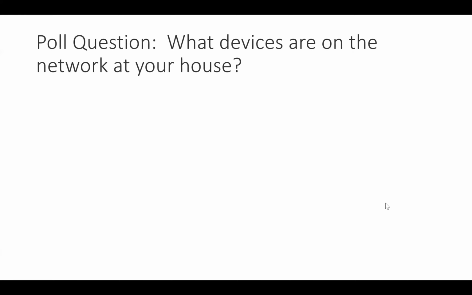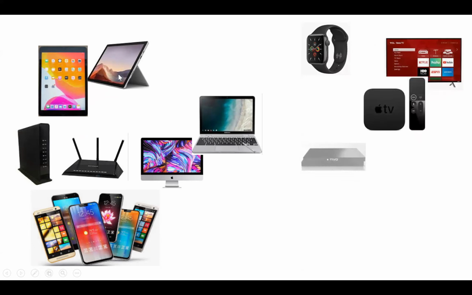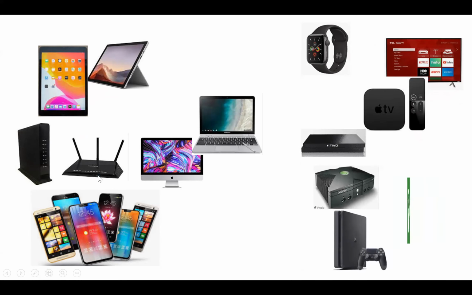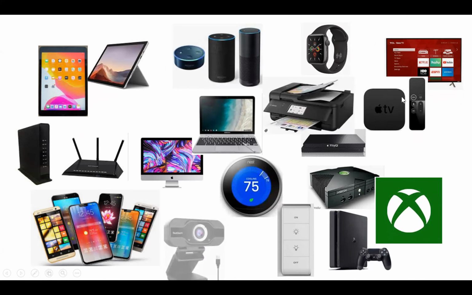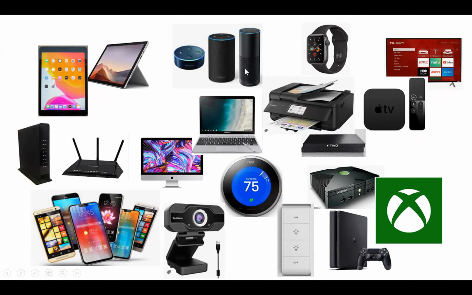So what devices are on the network at your house? So you've got your laptop, your phone, maybe you've got some tablets, you've got your cable modem, your router, smart TV, printer, Alexa, you've got maybe a Nest, some smart lights, a webcam, your games, TiVo.